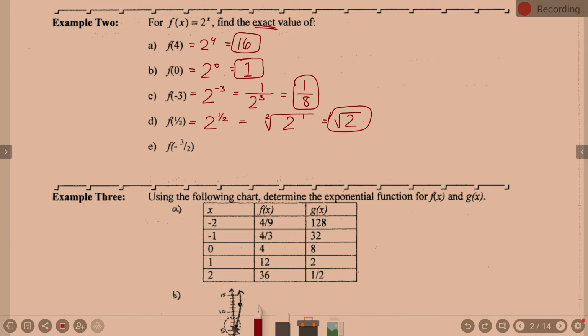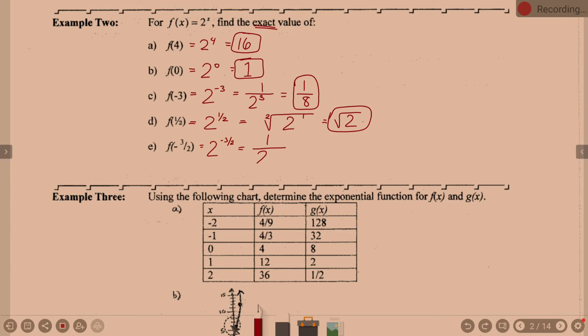Okay, E. And I don't want you guys using a calculator on this one. I want us to use our brains. F of negative 3 halves says we're doing 2 to the negative 3 halves, right? Okay, let's start with the negative exponent. What's the negative exponent tell me to do? It goes in the denominator.